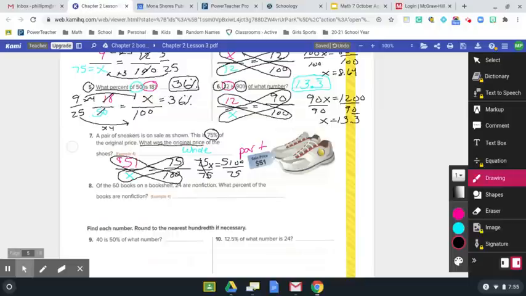So your whole, the original price of the tennis shoes, is $68. So that part, that sale price, $51, out of the total you now found is 68. The regular price was $68. Final answer.